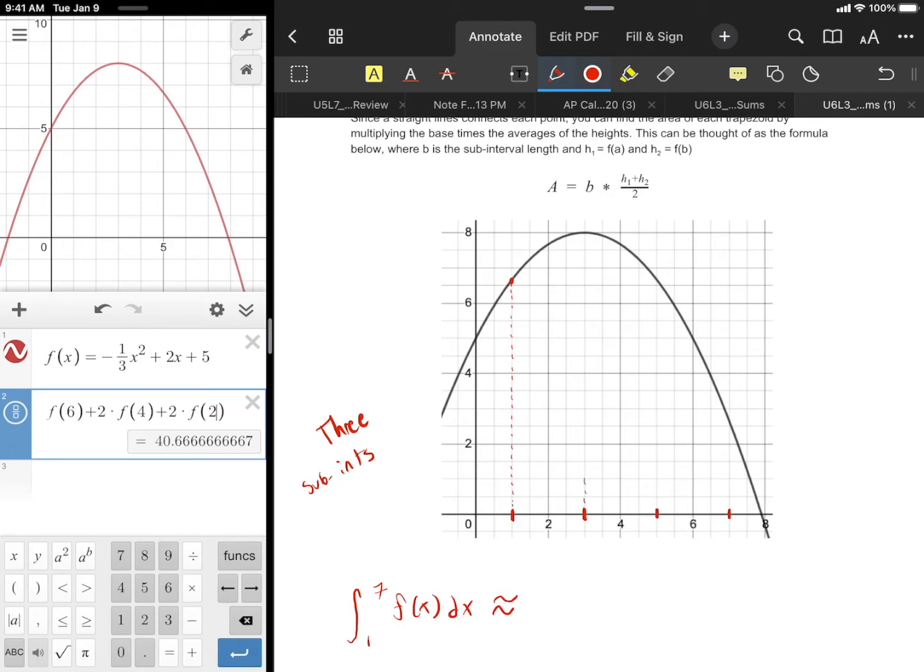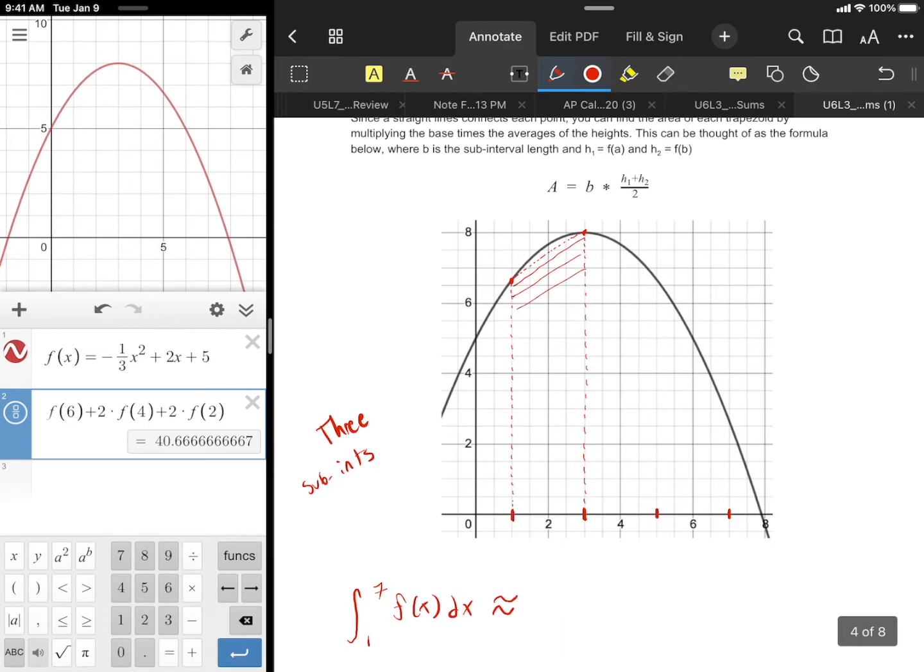I'm going to go straight up from this right-hand side, touch my function here. If I connect between those two, this shape is harder than a rectangle, but it's not impossible to calculate, right?